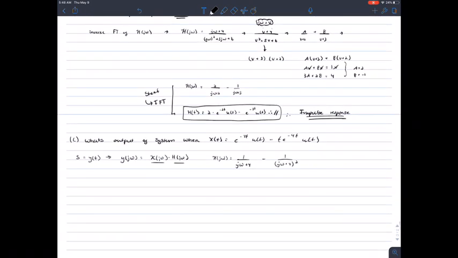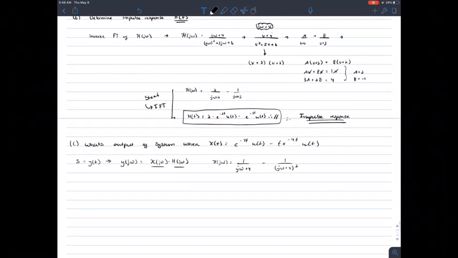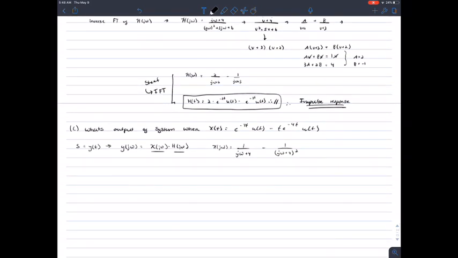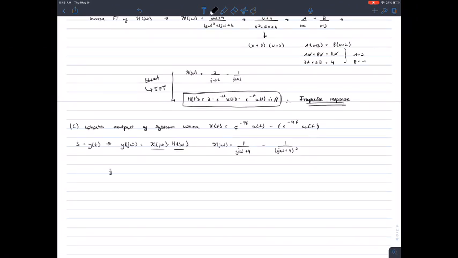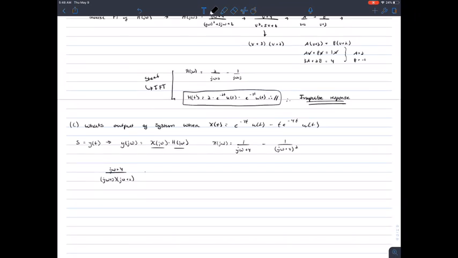So let's go ahead. Plus 4 divided by (jω + 3)(jω + 2), all times 1 over.